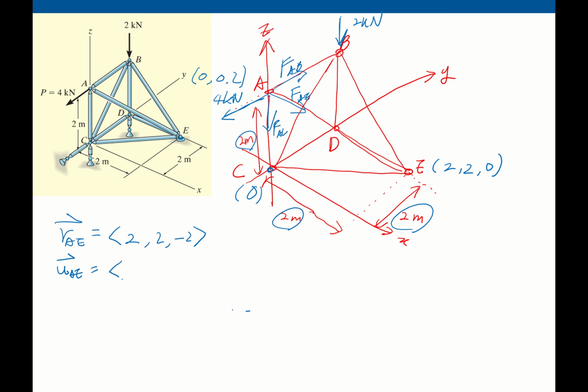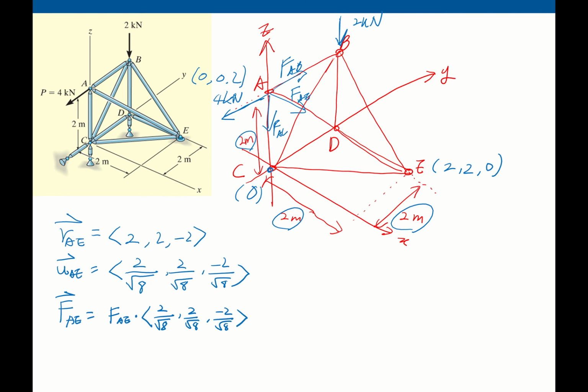Basically, we just divide by the magnitude of this position vector. You can see that the magnitude should be square root of 8, so the vector is 2, 2, minus 2 over square root 8. This is the position vector, and the force vector AE is the unknown force AE, which is what we're going to figure out, multiplied by this unit vector. Do you remember the unit vector, guys? Okay, good job.